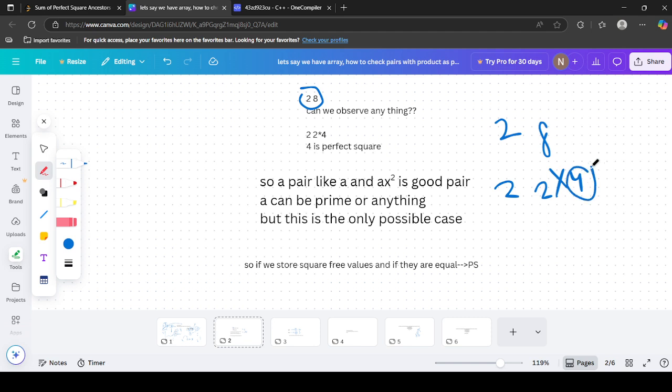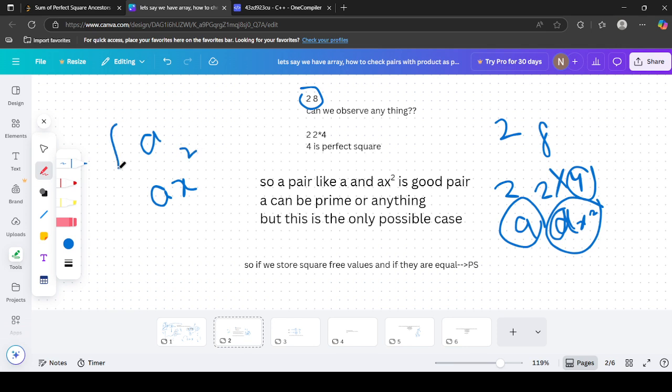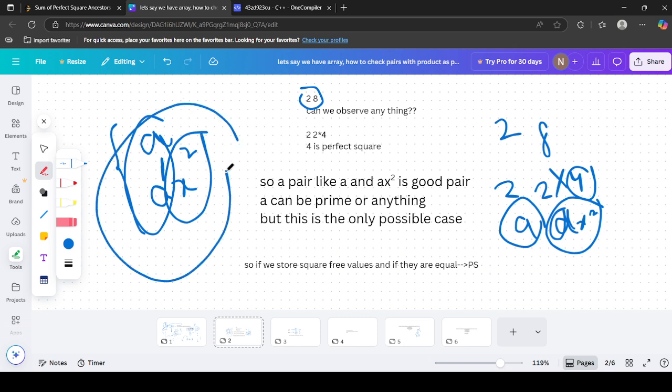So from this what we got is that for any number, let's assume that it is a, any other number which is like a into x square, these both will always be a good pair, because both have a, and when we multiply them we already have a perfect square in it. So the product will always surely be a perfect square.